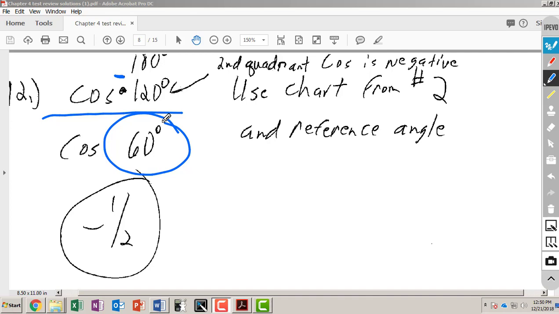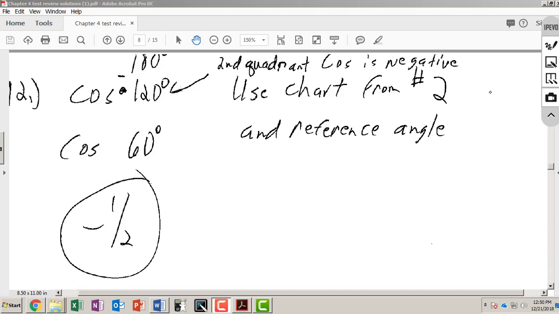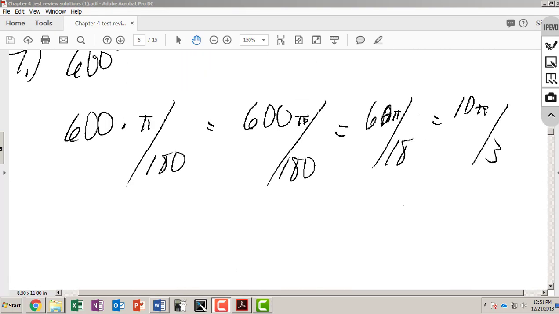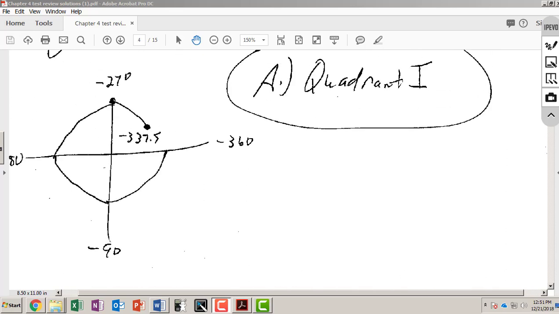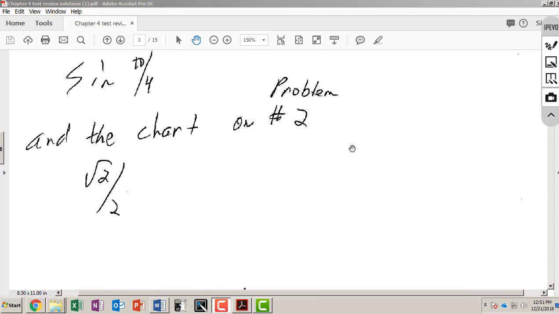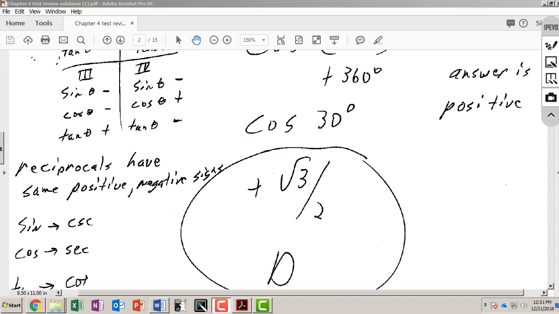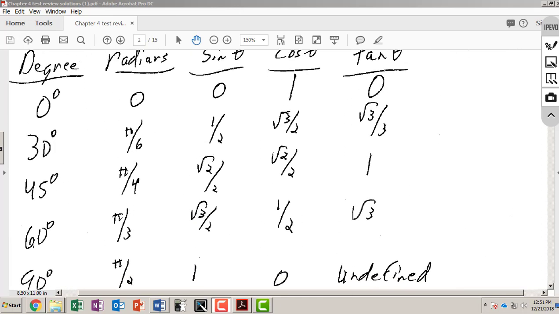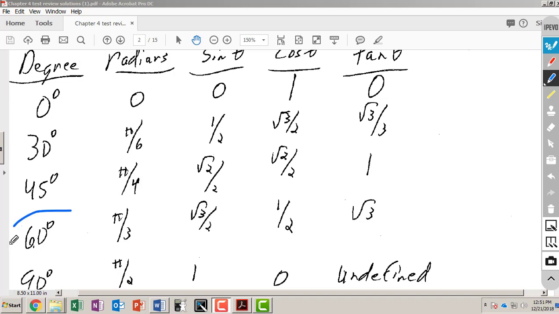Then I go back to my chart on problem number 2. If we scroll back to number 2, I'm looking at the cosine of 60. Remember, make sure you write down this chart somewhere on your test. Here I am with my chart at 60 degrees, and it wants to know the cosine, or the x coordinate, of that particular place.